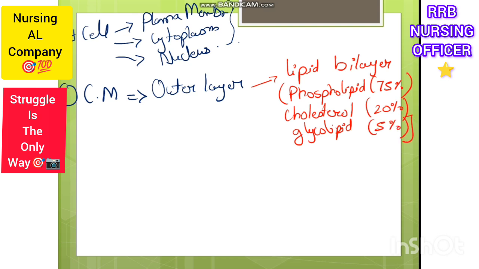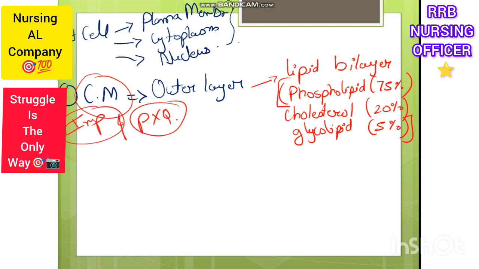So phospholipid 75%, cholesterol 20%, glycolipid 5%: these are the contents by which the cell membrane is made. It is important, and even a PYQ. Okay, so this was the concept about the cell membrane.